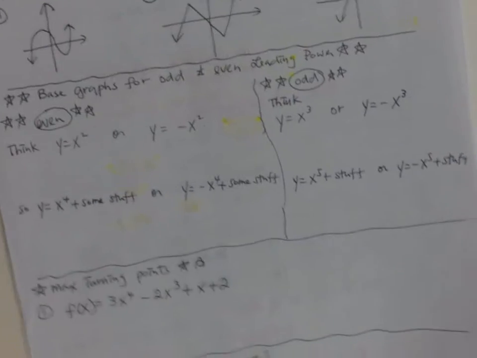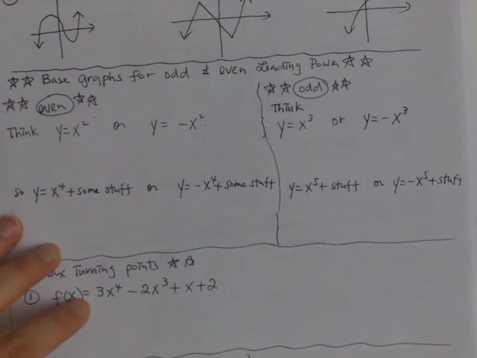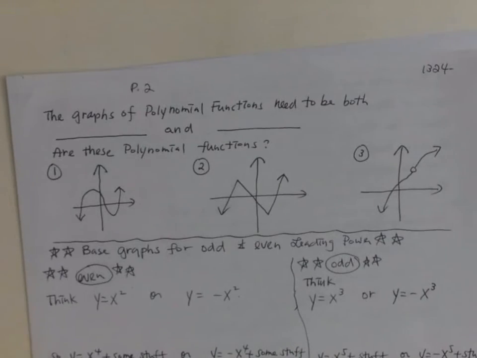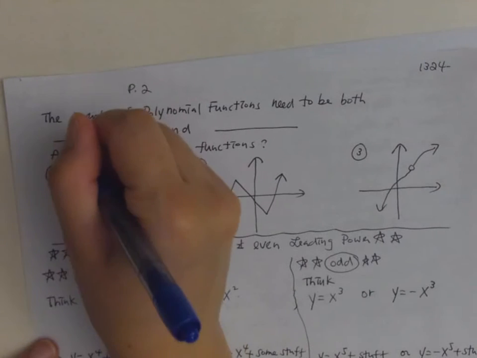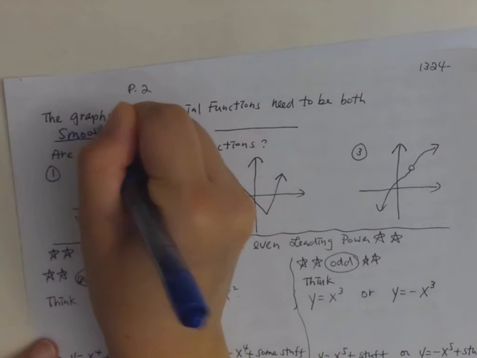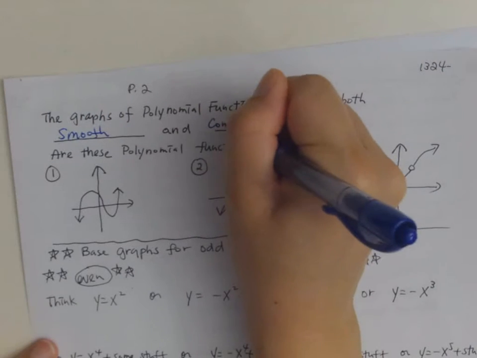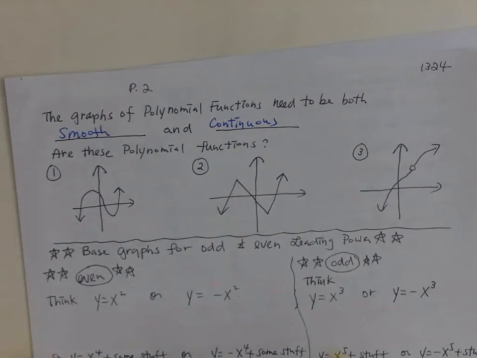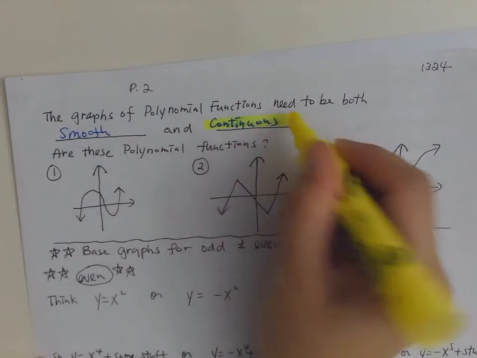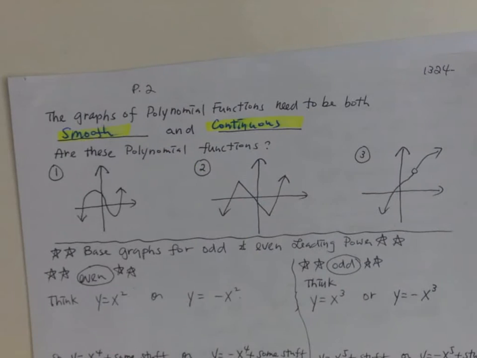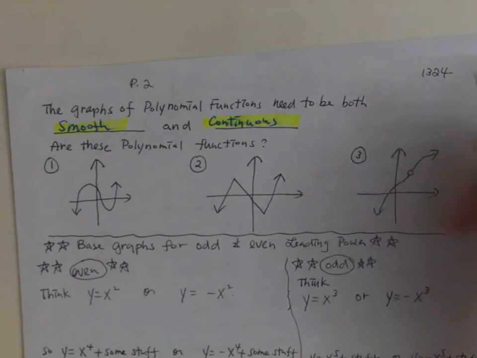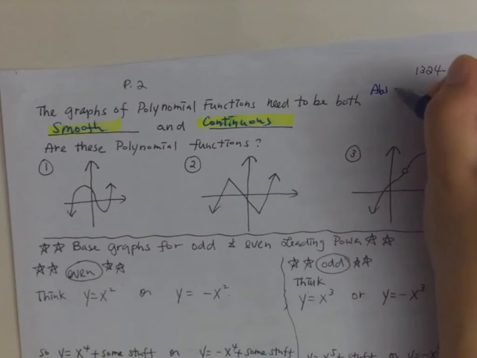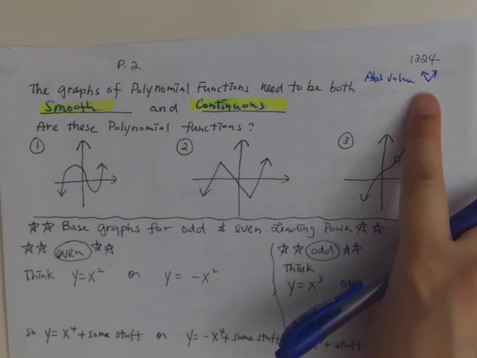The graph of a polynomial function needs to be two things: it needs to be smooth, and it needs to be continuous. That's related to those three restrictions. If you have an absolute value, it has a really sharp V like that, so it's not smooth.